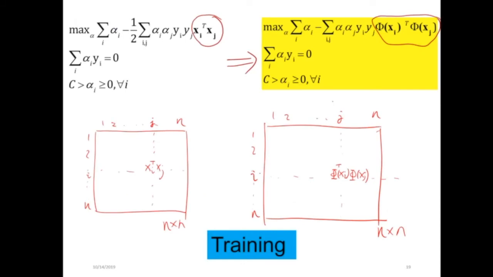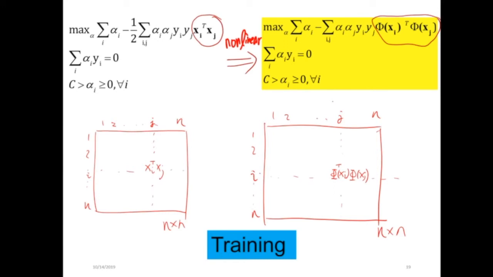Okay, so now we extend it from linear to nonlinear, from x to phi x. What you feed into the training is, in the original x case, equivalent to creating a similarity matrix.